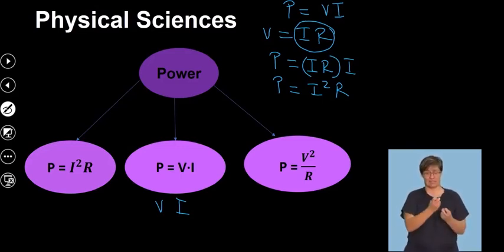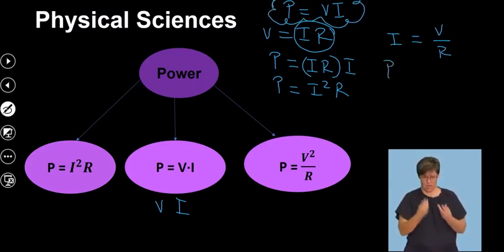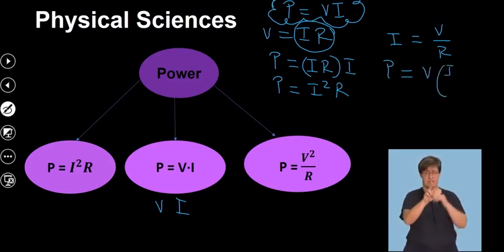However, if we have a situation where we do not have the current, then from Ohm's law, we know that I is equal to V over R. And then we know that P is equal to VI. So we'll have P is equal to V, where this I will be V over R instead.